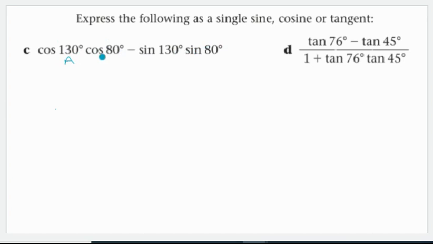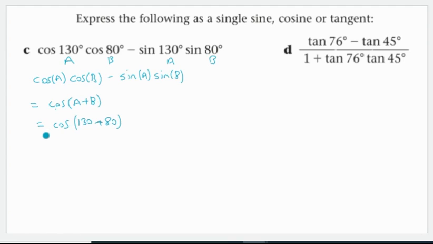If we call this A and this B, and this A and this B, we have cos A cos B minus sine A sine B. This is the expansion for cos of A plus B. So that's the same thing as cos of, well, A was 130, B was 80. So this is equal to cos of 210. And that's all they wanted from us.